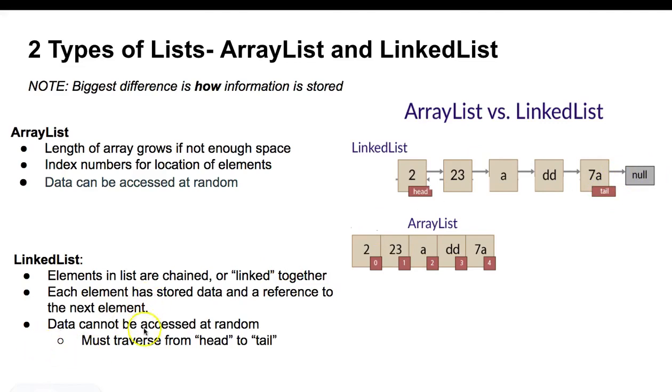This is what we mean that we must traverse from head to tail. We cannot just say, oh, let's go here. No, we don't have direct access to this. We have to go from the first head to the next node to the next node until we find the one that we are looking for. So conceptually, this is how we're accessing and storing information.